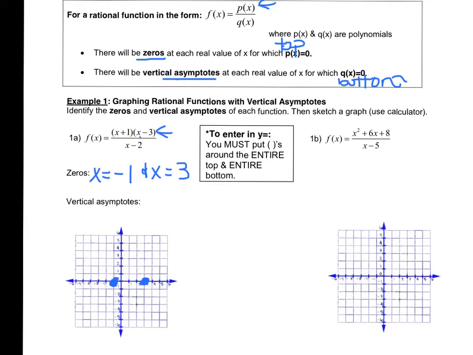The next thing we'll figure out is what the vertical asymptote is. So we just look at the bottom. We'll set that equal to 0, and when we solve that, we get x equals +2. So through 2 on the x-axis, we have a vertical line. And the convention when you draw an asymptote is that it's a dotted line.